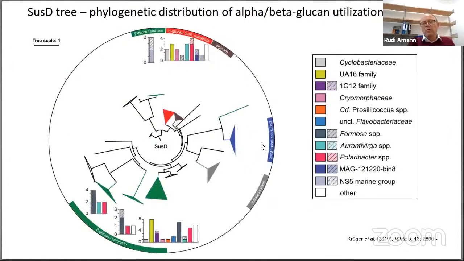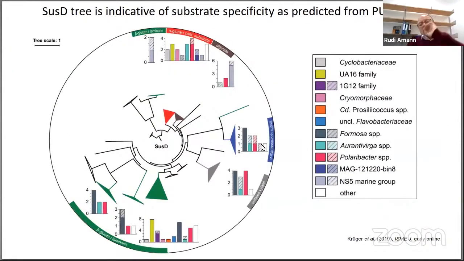And how did the diversity look? This is now looking at the SusD. What we do is we just look at SusD and predict the substrate as we did before, based on colocalization of CAZymes. And we find exactly the same substrates as indicated in the genomes of the pure cultures.